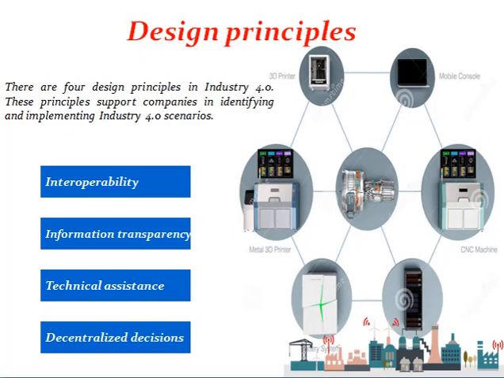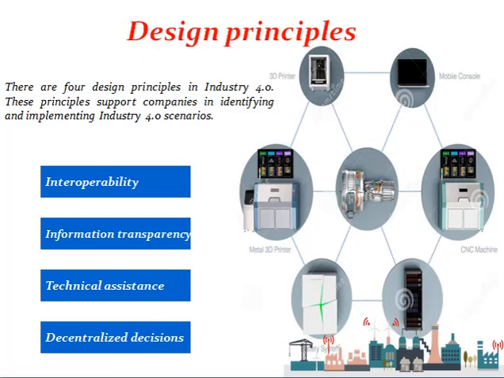These are very important from the manufacturing point of view, or the company or any organization point of view. The first consideration is interoperability, the second one is information transparency, the third one is technical assistance, and the fourth one is decentralized decisions.